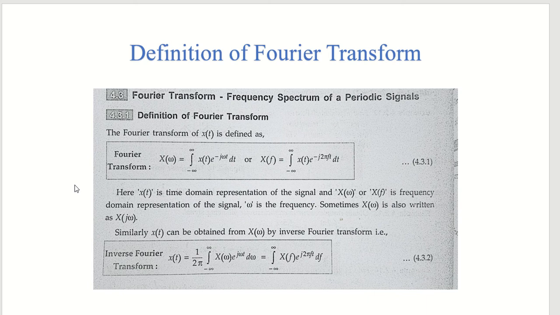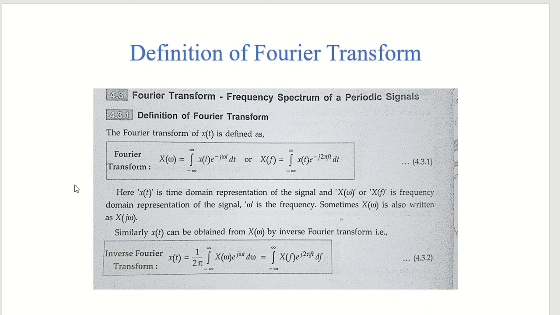And in the same way we can also obtain the time domain back from this frequency domain by simply applying the inverse Fourier transform. The formula for this is also given here. In the same way you took the integration of the time domain, you can take the integration of the frequency domain and you can get the time domain as an output. So the formula for x of t, which basically is a conversion from frequency domain back to time domain, can be given as x of t is equal to 1 by 2 pi integration from minus infinity to infinity x of omega e raised to j omega t into d omega.